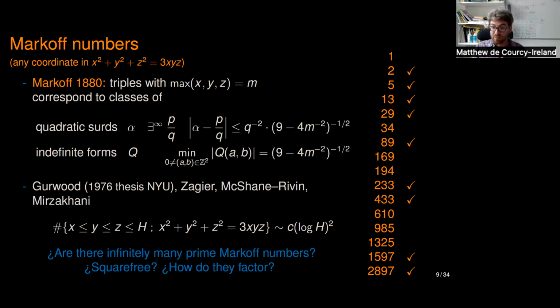So here on the right, I've written the first several Markov numbers, and there's a check mark next to the primes. But it turns out there's a restriction. They don't just factorize the same way as any numbers.